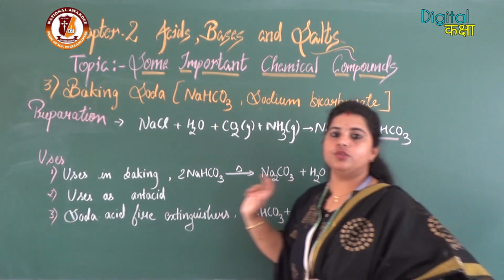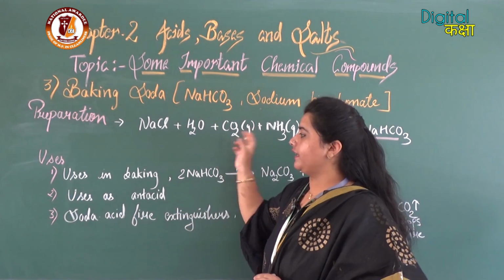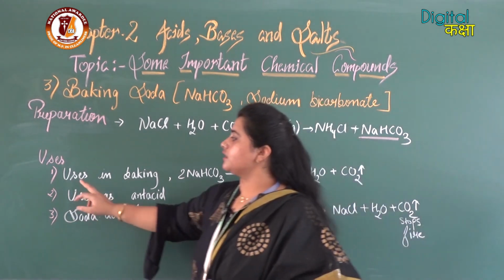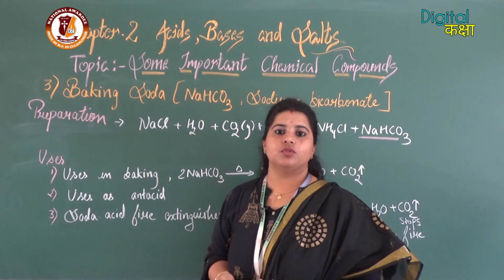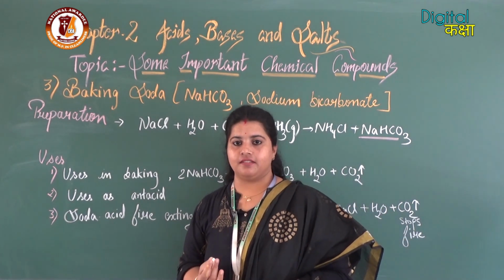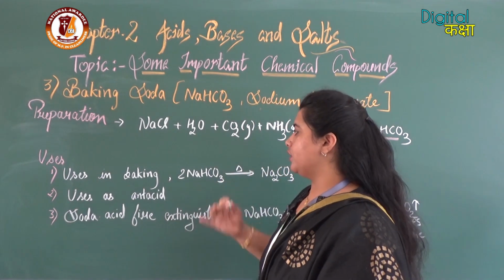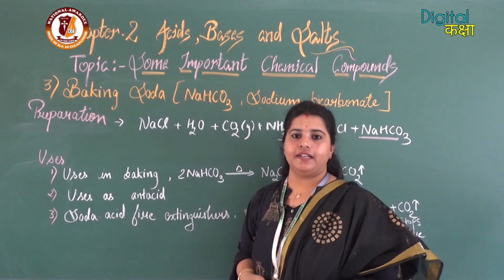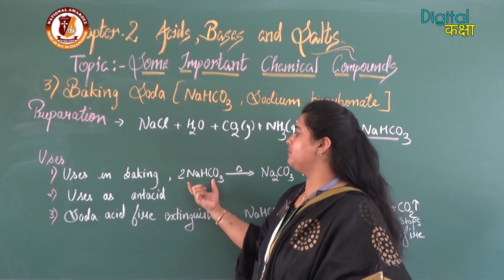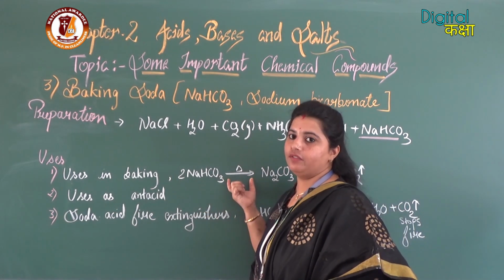Now what is the use of it? How and when is it used? First, it is used in baking, that is we add baking soda in cakes and pastries. What is the use? When we add baking soda in the batter, it gets heated up while cooking.